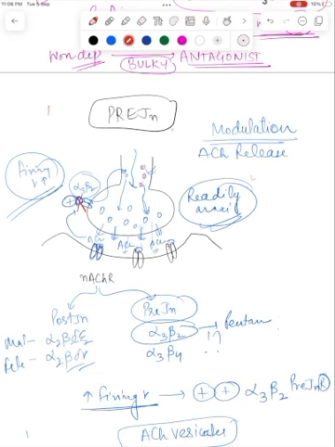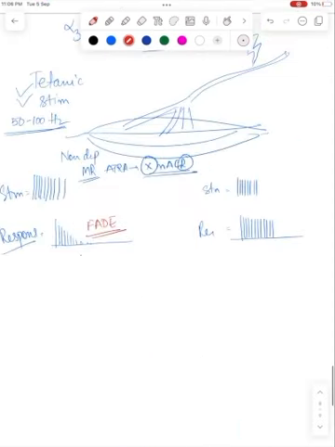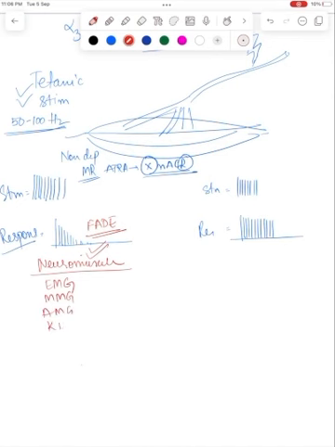This will lead to subsequent decreases in the contraction of the muscle, which will be seen as a fade phenomenon on neuromuscular monitoring, either by EMG or MMG or AMG or KMG. We will talk about all of these in a subsequent lecture on neuromuscular monitoring.